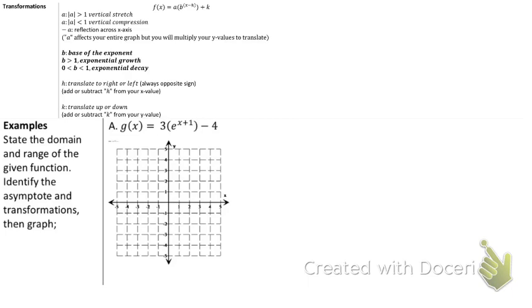Okay, let's go ahead and do this example. Add this to your notes. All right. So we have this function we want to graph. We're going to graph in the same process as we've done before. So let's start with our asymptote. Our asymptote is the k value, negative 4. So let's put that in.